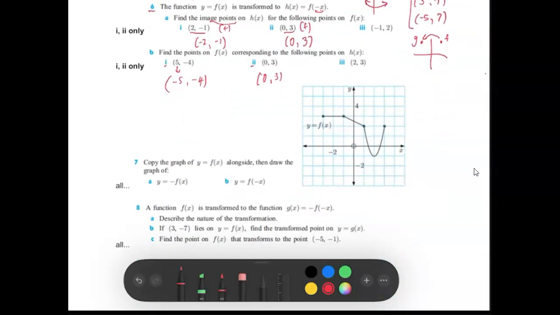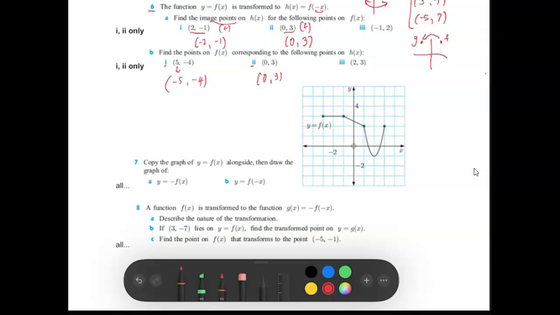So number 7, here is the reason why we need to do these interpretations without actually doing them algebraically, because sometimes they're going to give you a picture and you still need to be able to figure out the transformation even with just a picture.